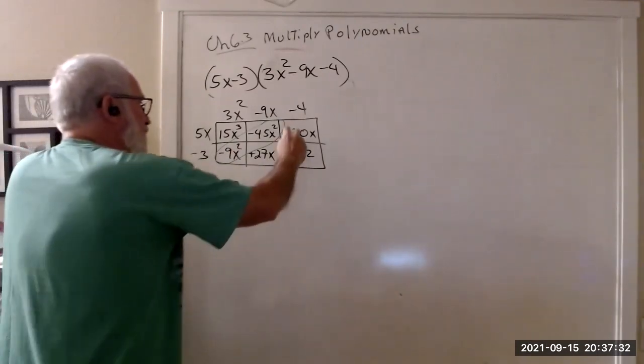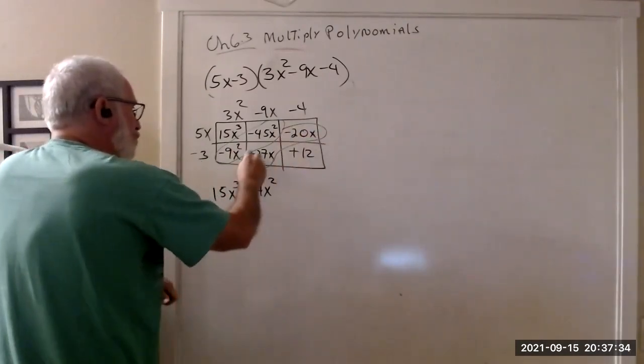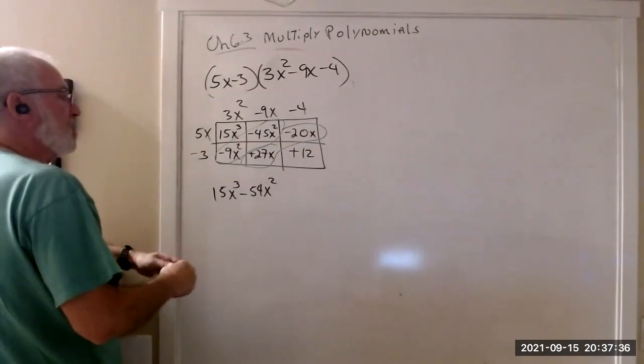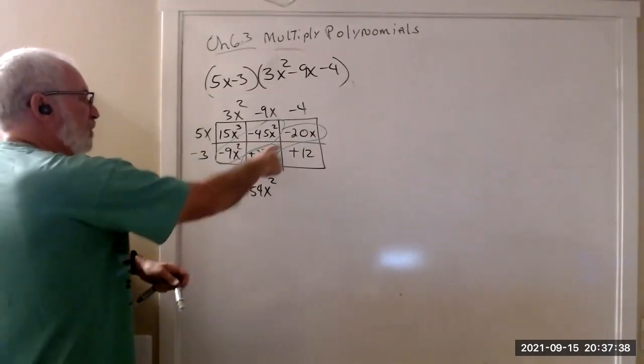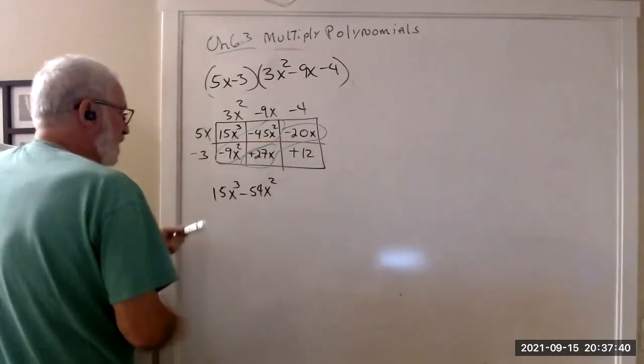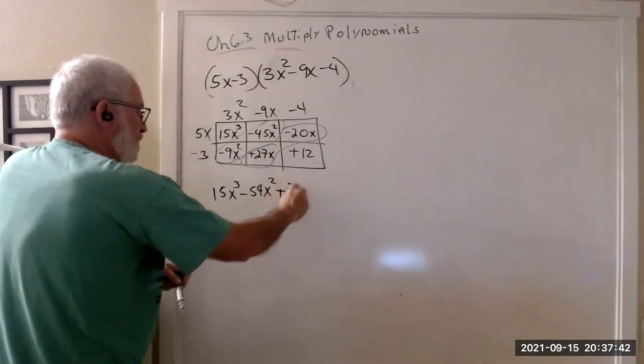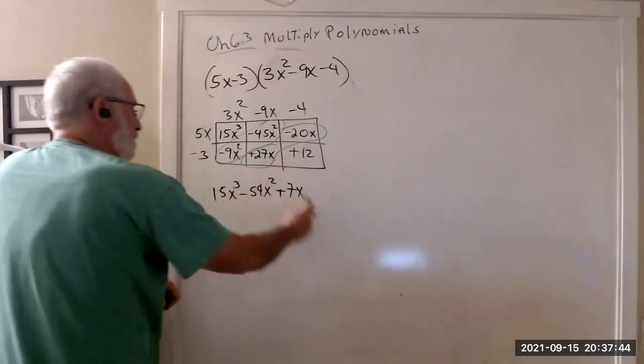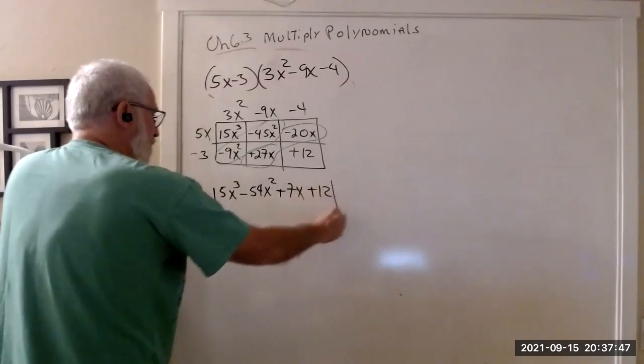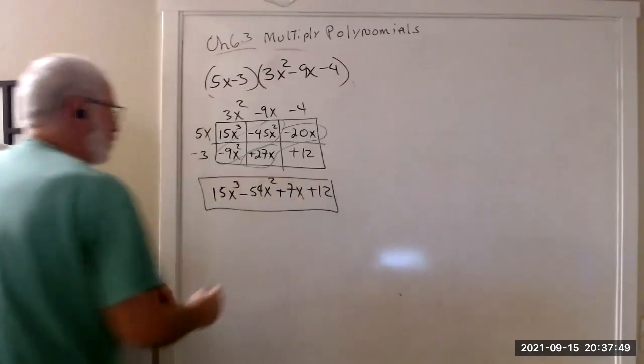And we look for x's. There they are. Positive 27x, take away 20 is positive 7x. And then the plus 12 just comes down. And that is your answer.